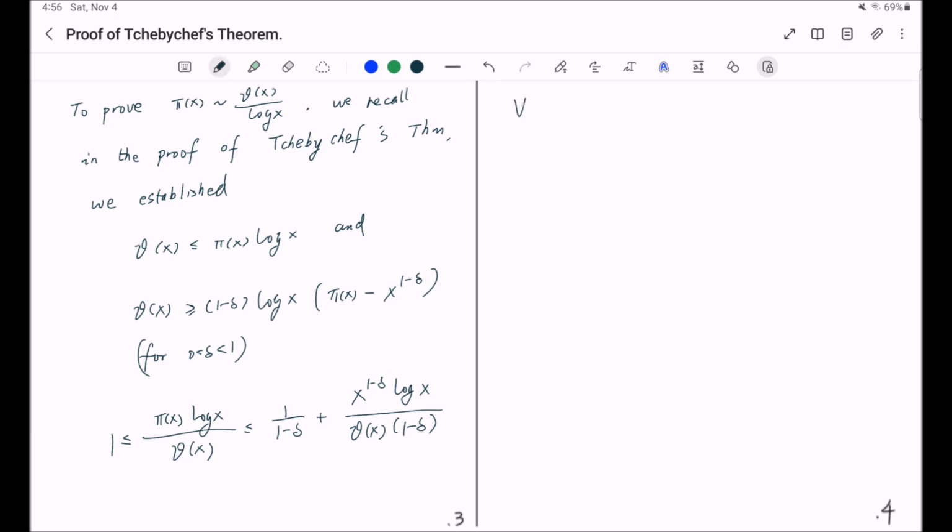Now for any epsilon greater than 0, we choose delta greater than 0 such that 1 over 1 minus delta is less than 1 plus epsilon divided by 2. So as long as delta is small enough, this inequality must be satisfied.